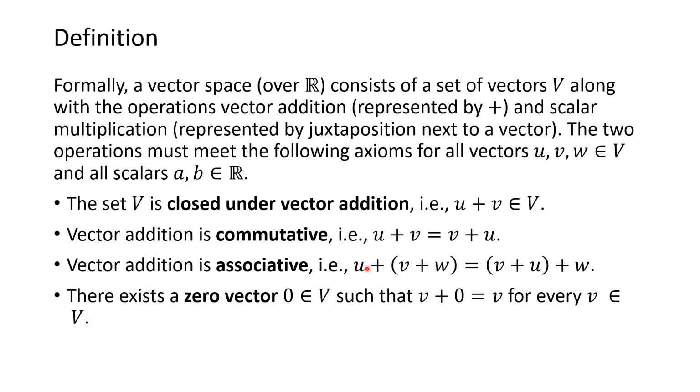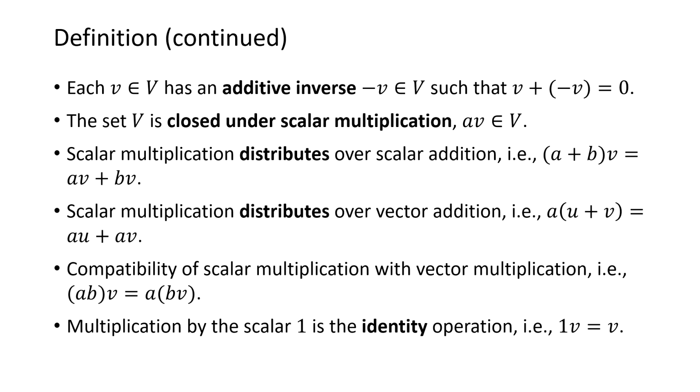Associative, so if you have three added together, you can add the v plus the w and then add it to u, or you can add u plus v and then add w, and they should be equal. Then there's something known as the zero vector, and when you add that to any other vector in your vector space, you get back the same vector. Okay, so those are the first four axioms. We have six more, which I'll get into on the next slide.